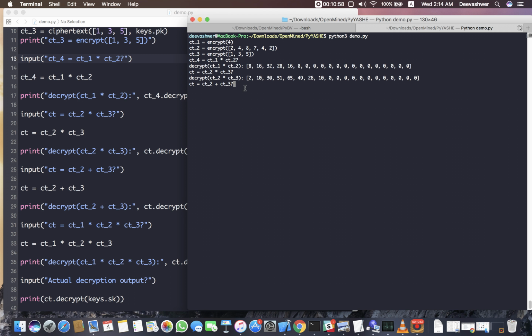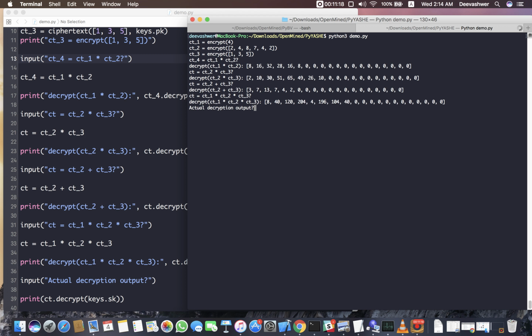Addition, homomorphic addition, simple. Now since I've set the parameters so that it at most allows 5 homomorphic multiplications, this will work for the PyYASHE. It will take a while, and yes, we get the right output.